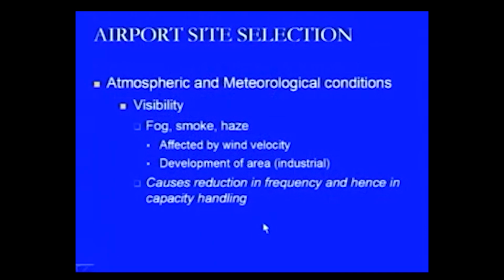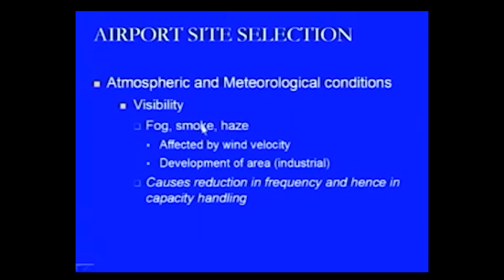In the atmospheric and meteorological conditions, the very first thing is the visibility, because at the time of taking off and landing, visibility is one important factor. This visibility gets disturbed by things like the meteorological conditions which get created in terms of fog or haze, or there may be smoke because of the meteorological condition and the development in the nearby area.